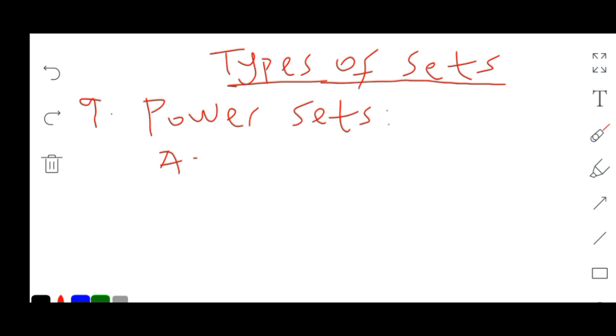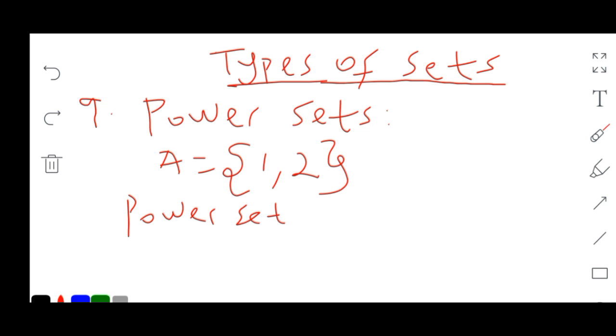Given A equals 1, 2. So then the power set of A will be equal to the set of all the subsets of this given set. So what is the set of all the subsets of this given set?